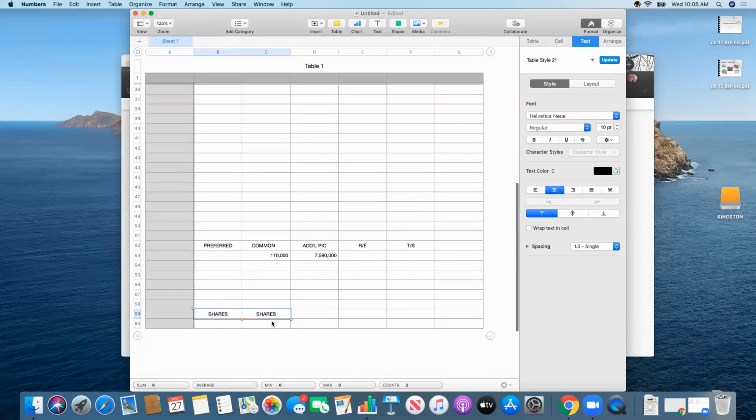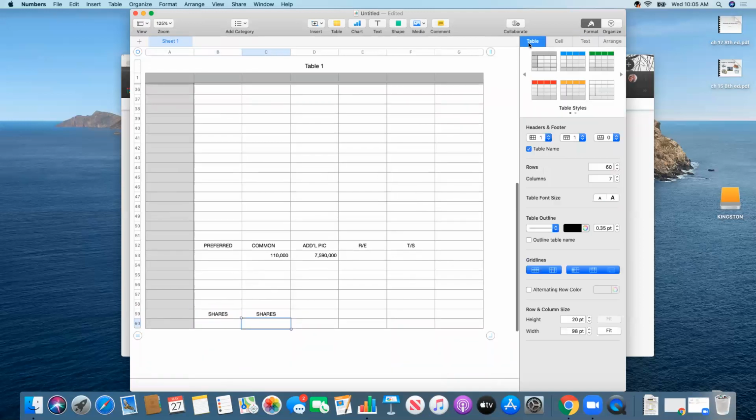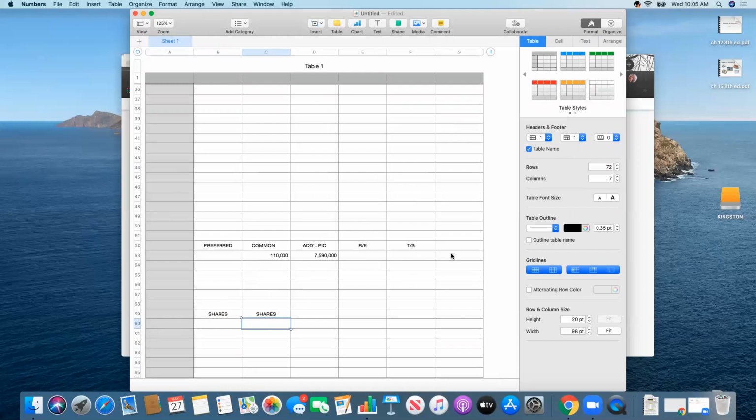I'm sure we're going to pay a dividend, and it's always nice to know how many shares there are for dividends. So common, we'll keep a separate column. Common shares, preferred shares, right? 110,000 shares.